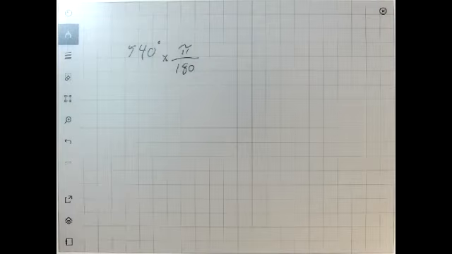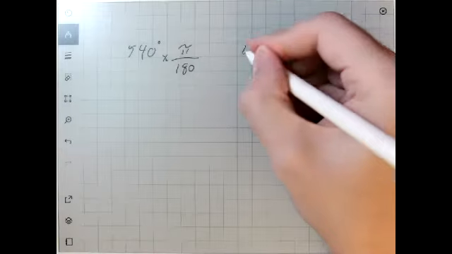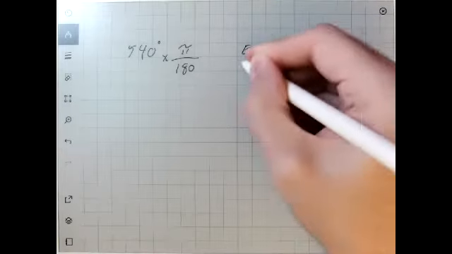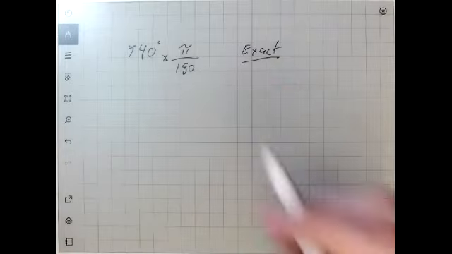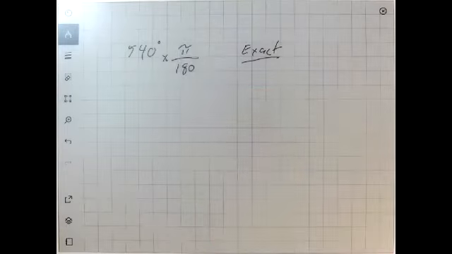And while my calculator could handle this, generally I'm going to look for an exact value. That means that I want my result to be fractions, and I want my result to have a pi symbol left in it.